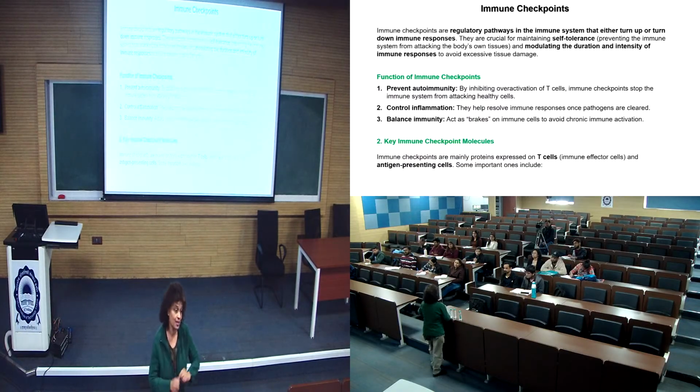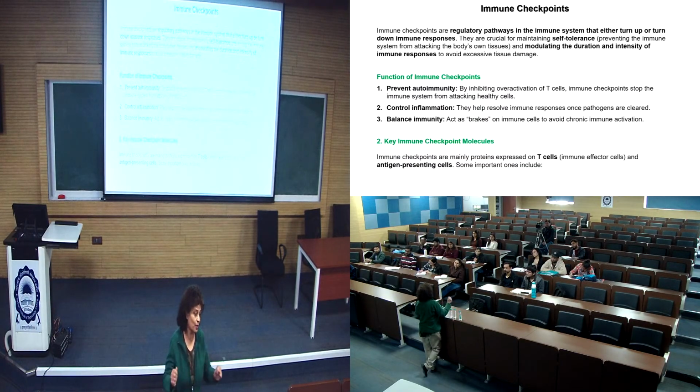Once they are too pumped up, when you have too much momentum, you just keep going, you don't know where to stop, and these cells can be very toxic for our own body. So that is why the body has a natural way of making them quiet. That is why the immune checkpoints are there.